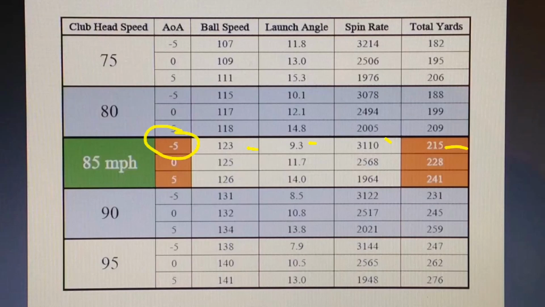Conversely, if you plan on doing some work on the golf swing and you want to change your angle of attack, let's say we go up to the 5 degrees upward, this line here. Now, interestingly, just from going 5 down to 5 up, ball speed changes. This is due to the spin loft.